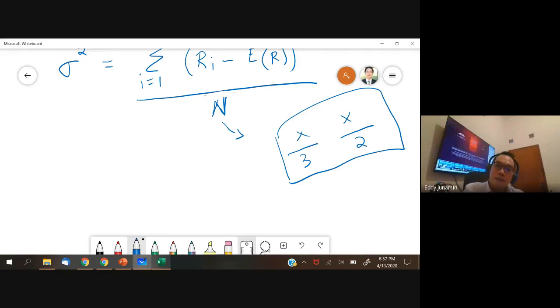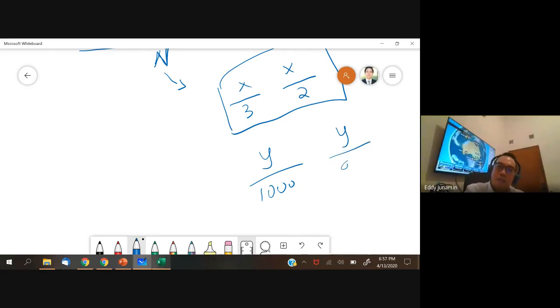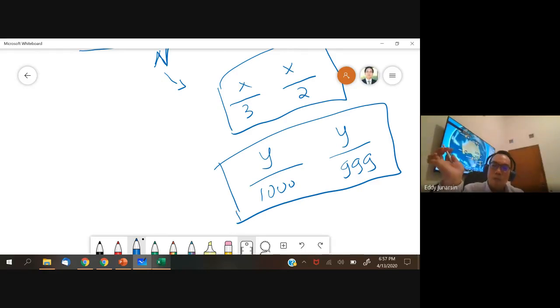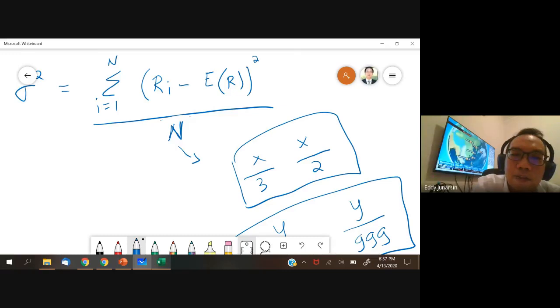Right? However, can you imagine a certain number is divided by 1,000, and that same number is divided by 999. So I suppose the results will not be too far away. Of course, they are not the same, right? They will not be perfectly the same, but I suppose that the numbers might not be that far away compared to our previous example. So you can see here that if you divide it by n, we call it asymptotically correct.